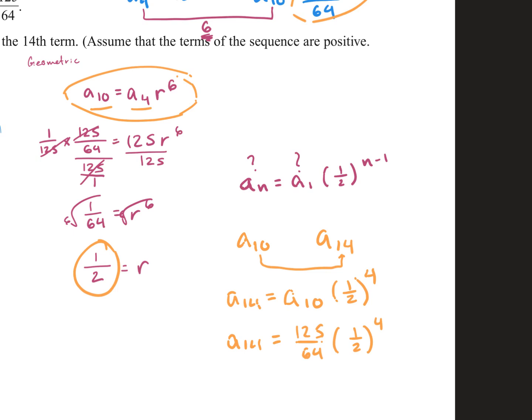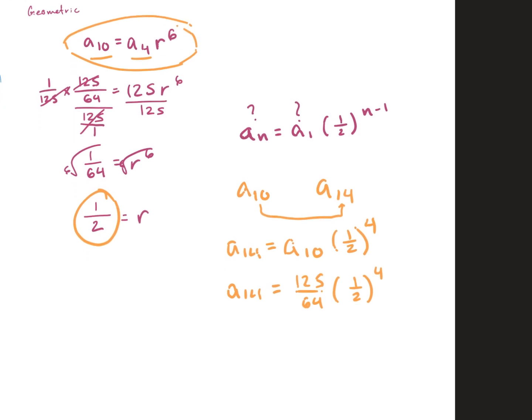Then we just evaluate. What do you get when you put this into your calculator? 125 over 1,024. What do you get when you divide them? 0.122.